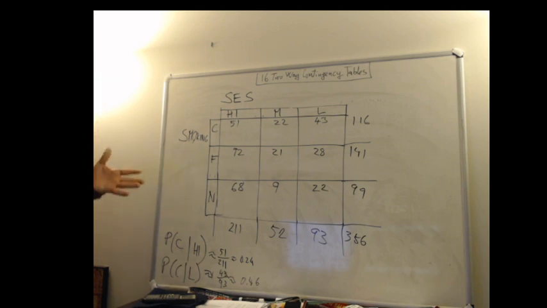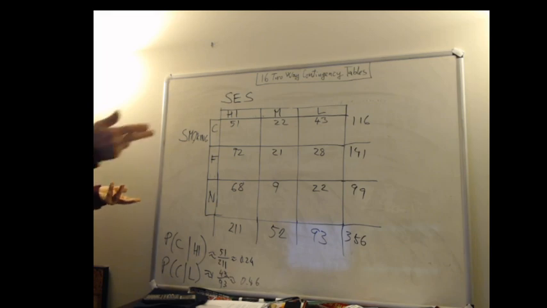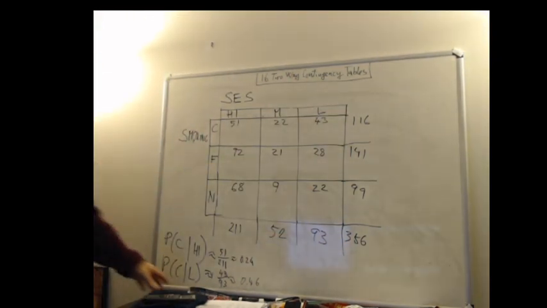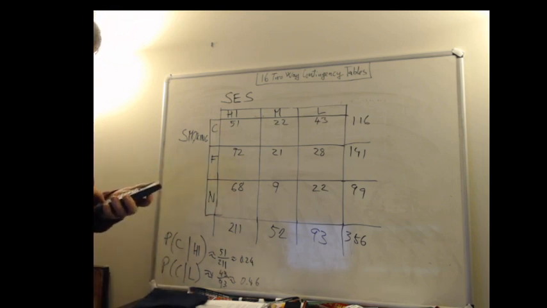In either case, now I need to calculate the expected values. So again, the expected value, you can reason that very simply this way. I have 116 out of 356 that are current smokers.